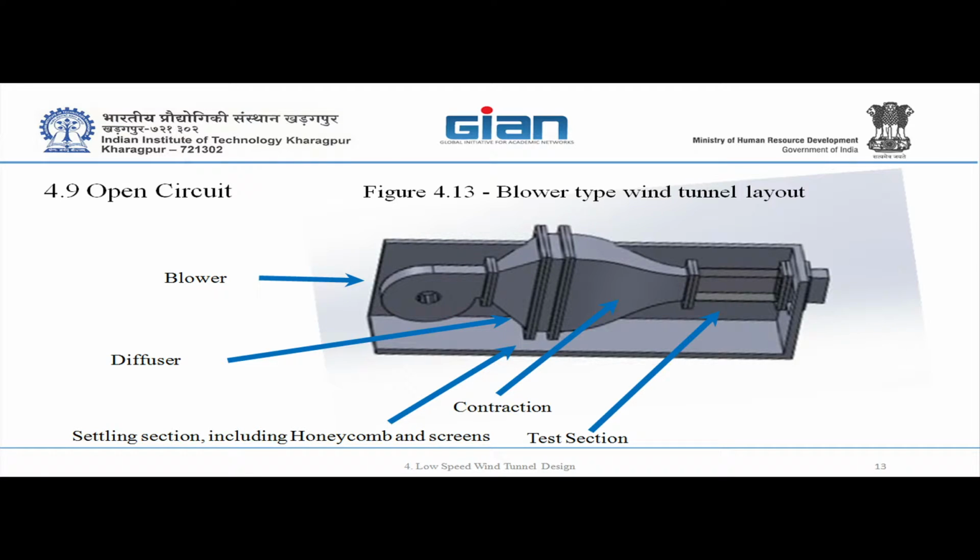Now in open circuit, the power needed is the main factor. One point: in this closed tunnel, is it a blower type or fan type? In a closed circuit, there's no question of blowing or sucking.